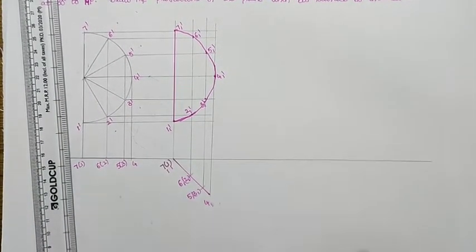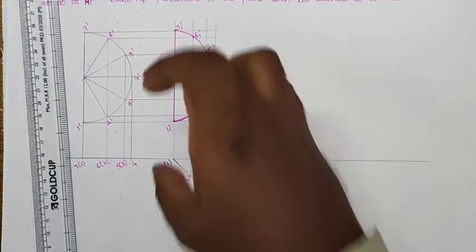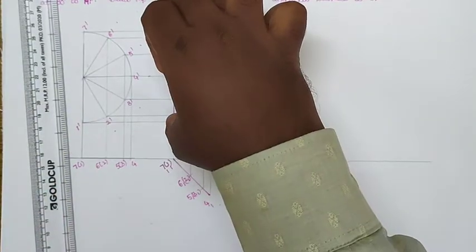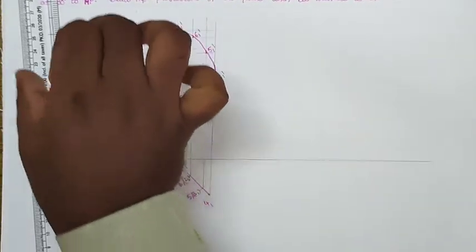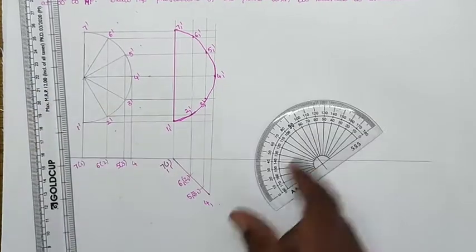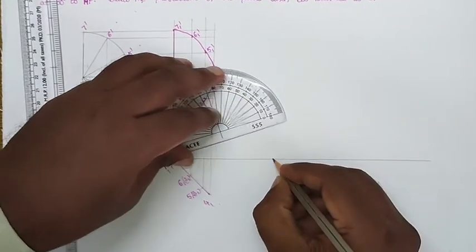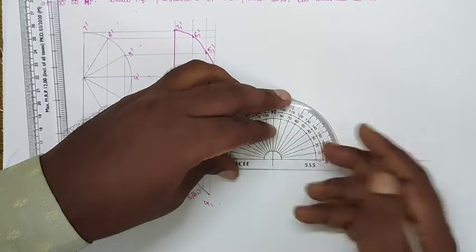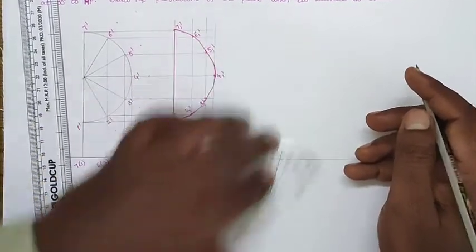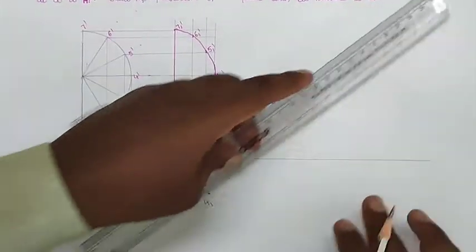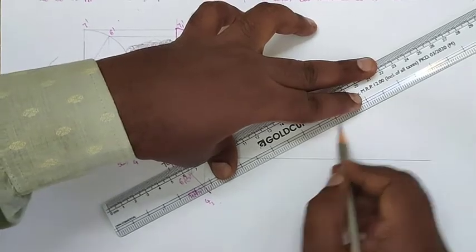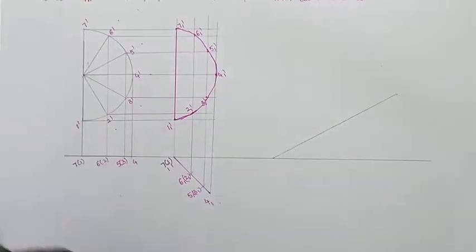Now next we go to the straight edge inclination. This one is the straight edge, 11 dash and 71 dash. The straight edge inclination they are giving is 30 degrees to the HP. So you can locate a point on the reference line and draw the 30 degrees inclined line.